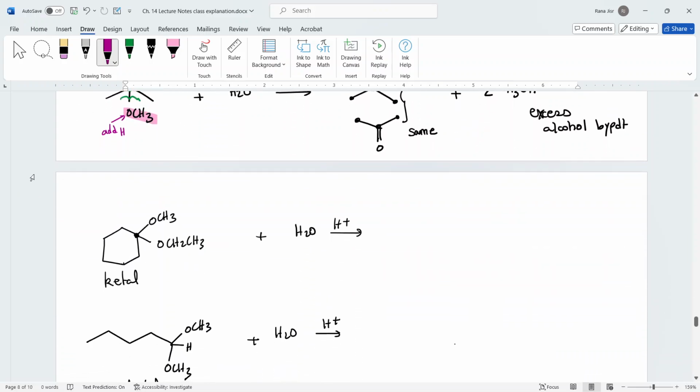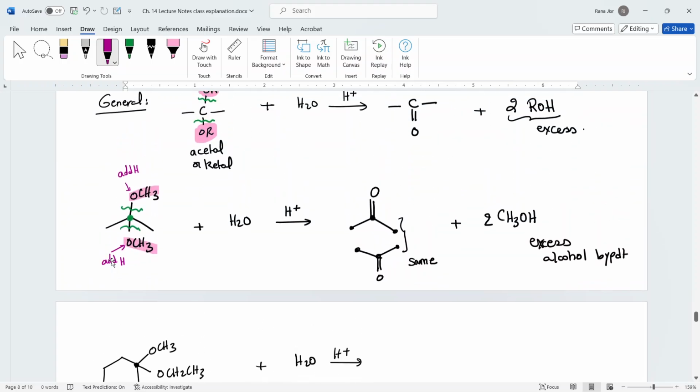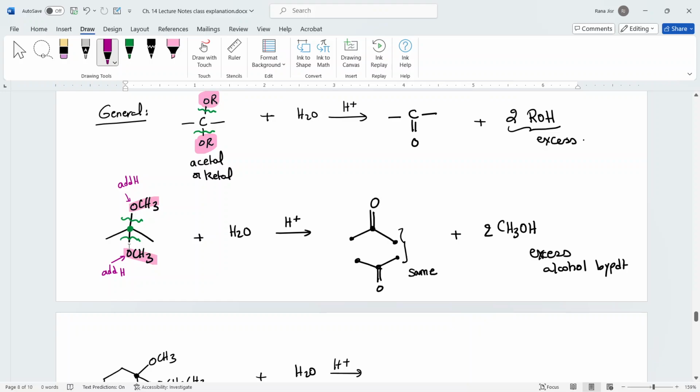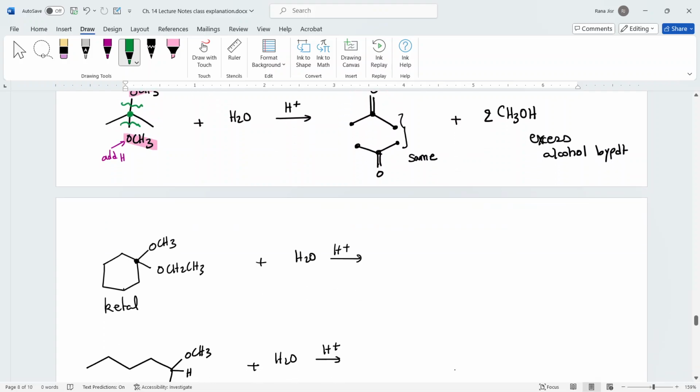Same idea. Here again, I'm starting with a ketal. So it really matters whether you're starting with a ketal or an acetal. I know I'm starting with a ketal because there is no hydrogen here. So I know that my carbonyl is going to be a ketone. This is a ketone carbonyl. Same thing over here.